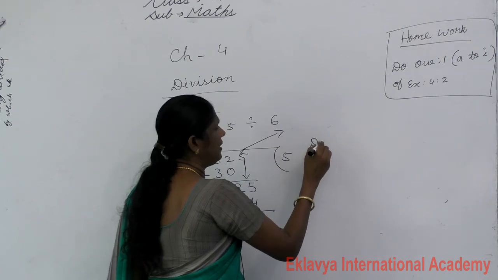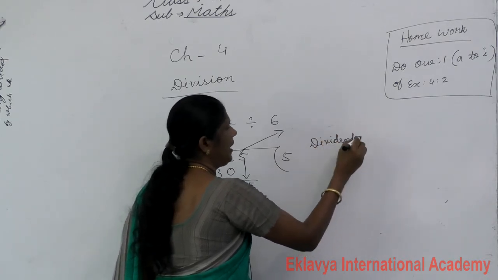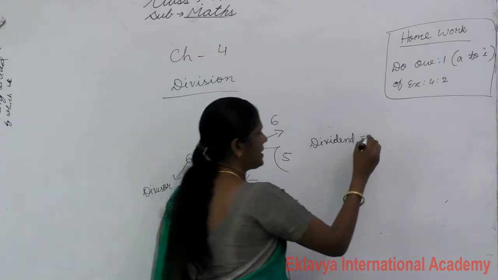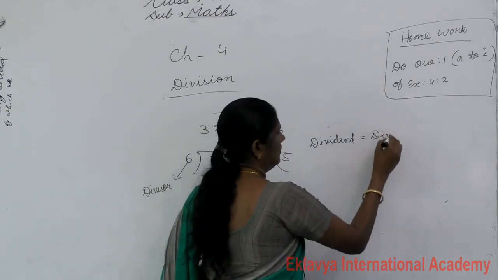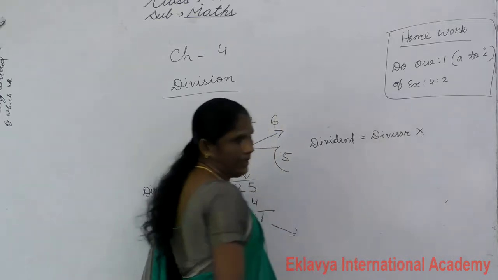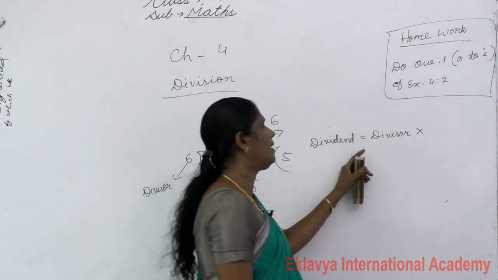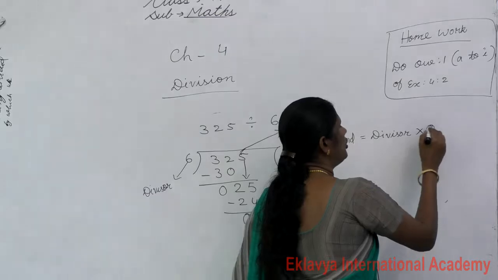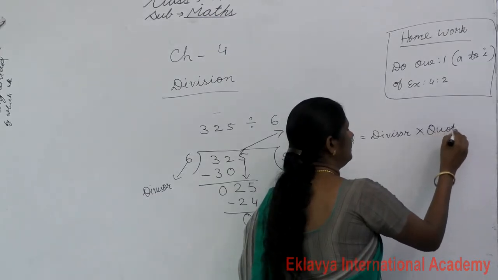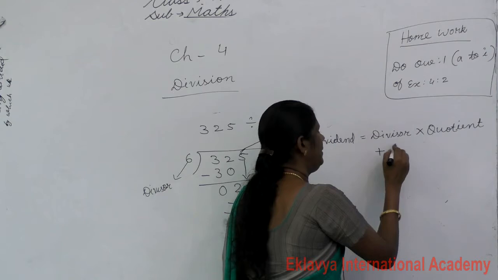Dividend is equal to divisor multiply quotient plus remainder.